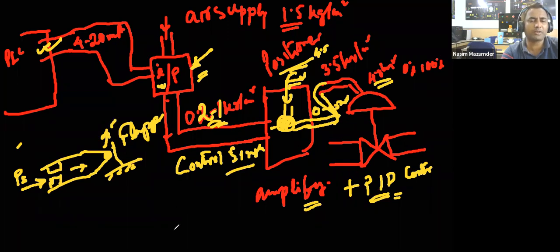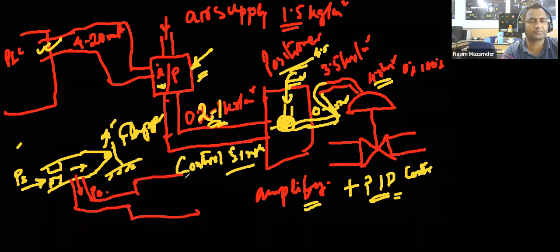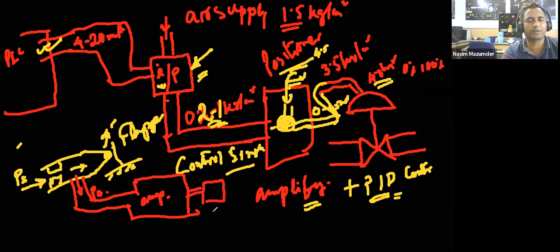So all the air will be coming back through this part, and this will be my output. This part is connected to your positioner. So ultimately, this is your amplifier, and then it is connected to this.